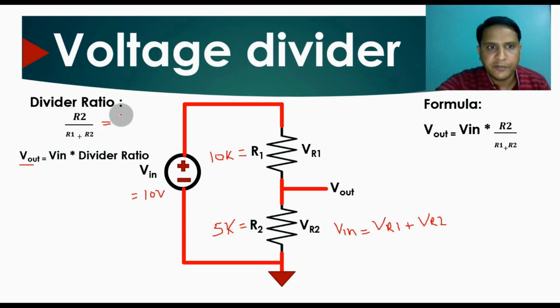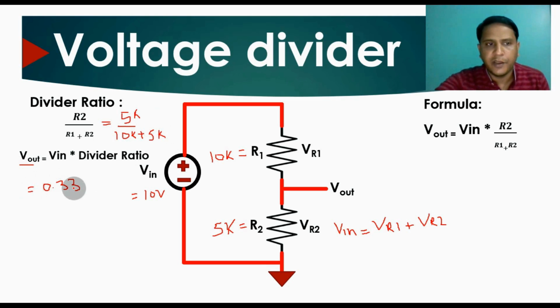It is R2 divided by R1 plus R2, that means 5K divided by 10K plus 5K. If you calculate this, you get 5K divided by 15K, so you will get 0.33. So your divider ratio is 0.33.